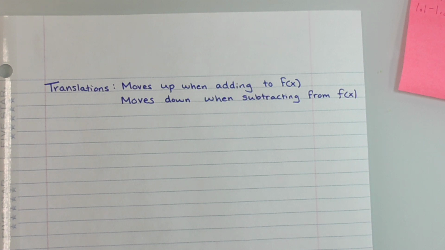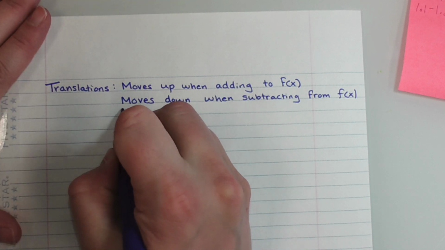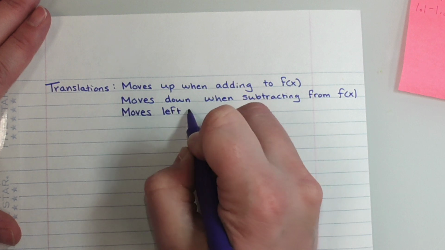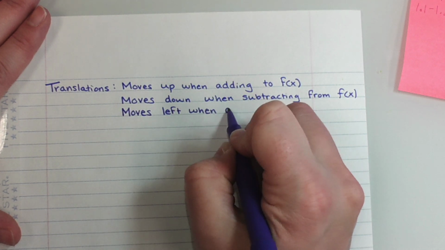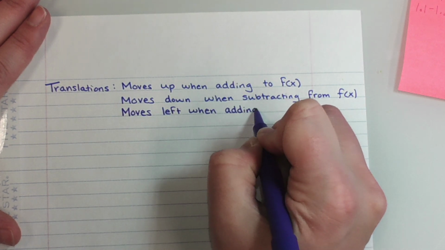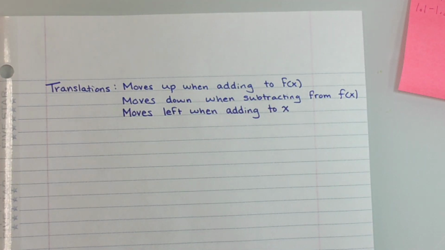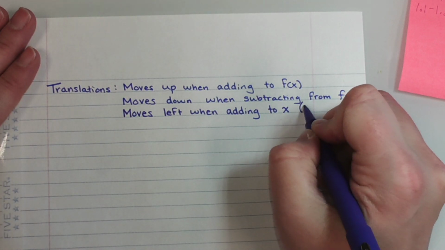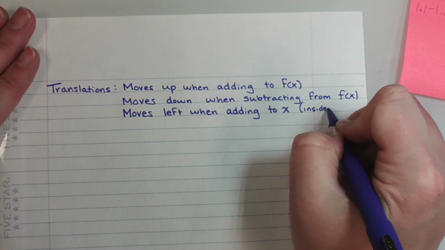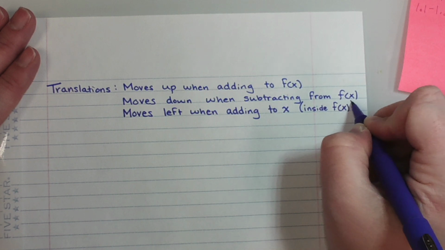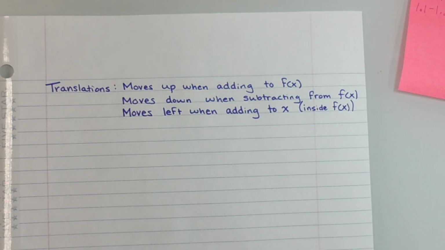Left and right had to happen inside whatever the function was. In other words, the adding and subtracting was specifically happening just to the variable x, inside the f of x piece, inside whatever was happening to the x.